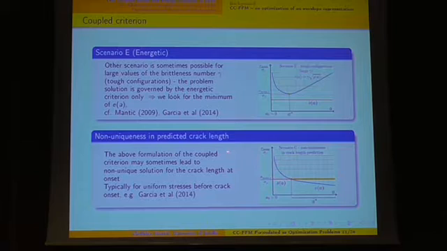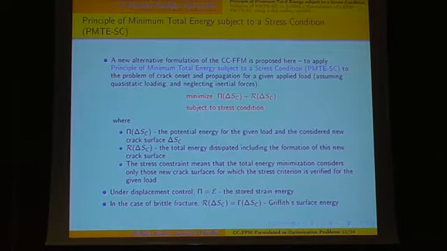Also, we should mention that we can have non-uniqueness in the predicted crack lengths. Although we typically put in a uniform stress field where any of these crack lengths are possible, the critical nominal load is the same. But starting from these crack lengths, any of these lengths could appear.